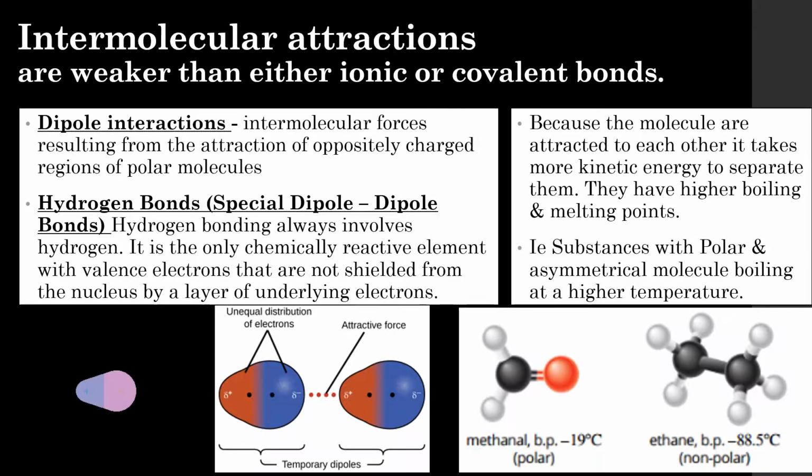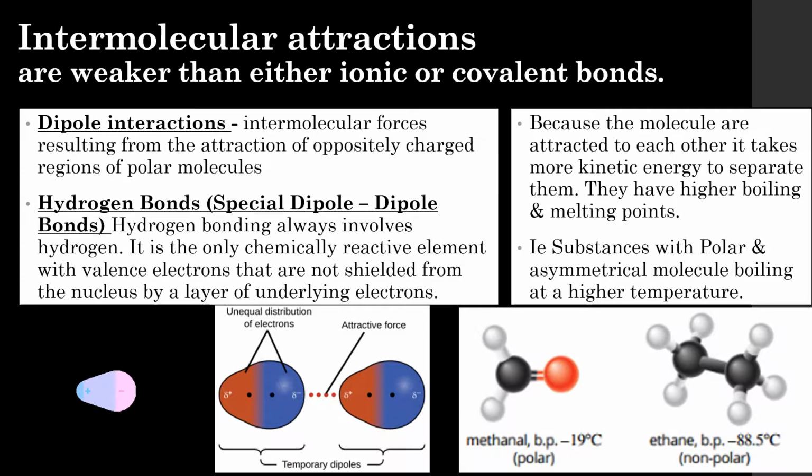Now, because the molecules are attracted to each other, it takes more kinetic energy to separate them. So more polar and more asymmetrical molecules are going to have a higher boiling temperature, melting and boiling points.